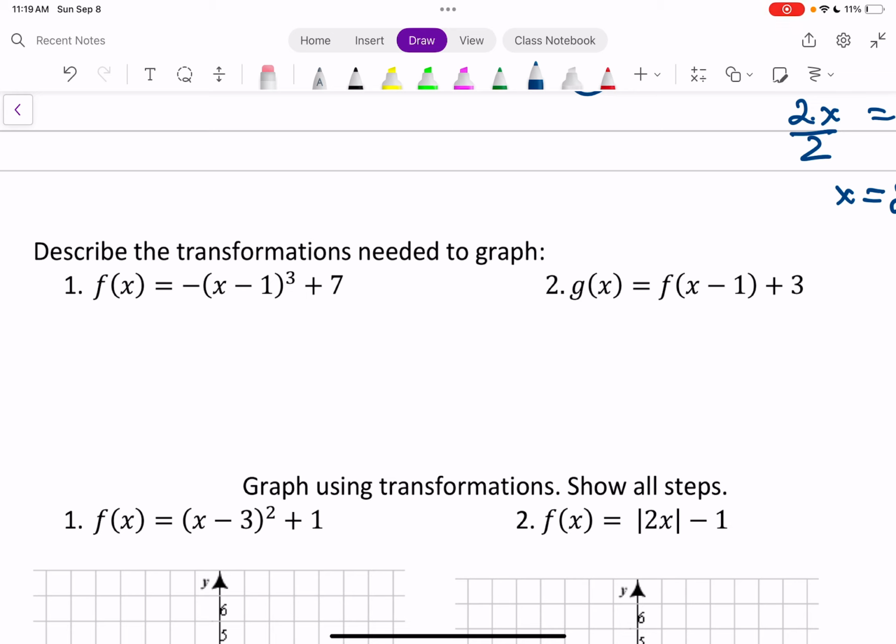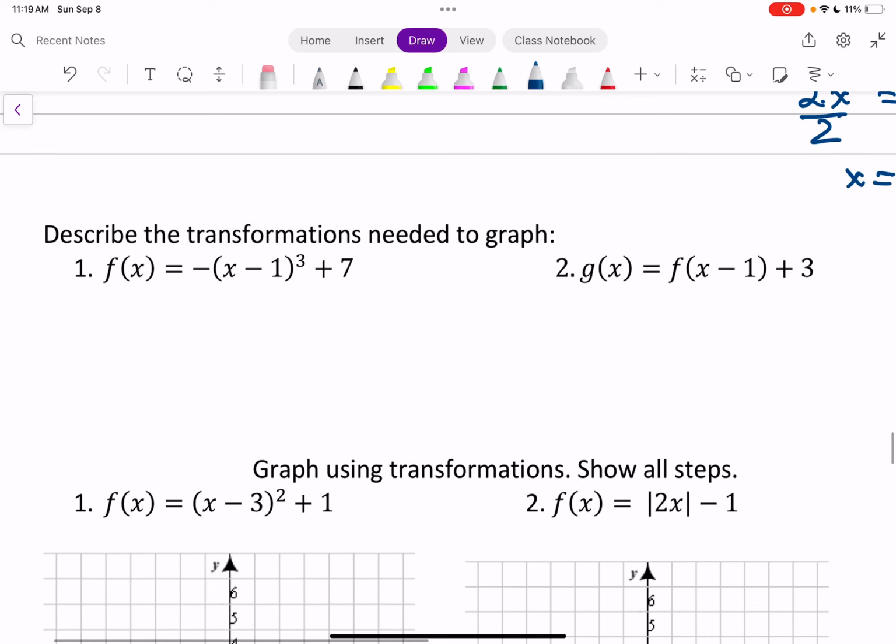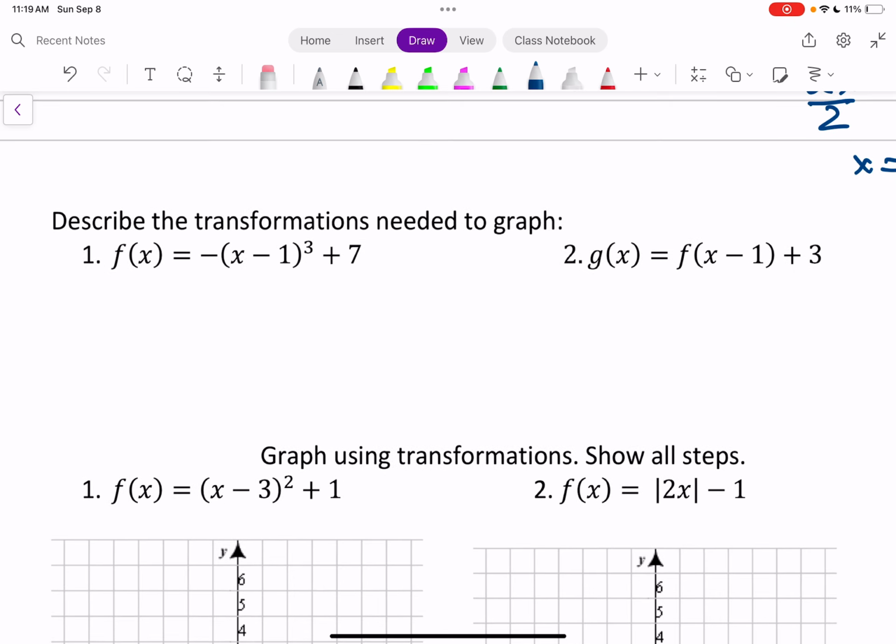I'm going to start with this one because there's only two things. It's some kind of random function, f of x, that you switch to f of x minus 1 and then plus 3. Because of the x minus 1, you're going to shift the graph 1 unit to the right. So minus means plus 1, so you go to the right.